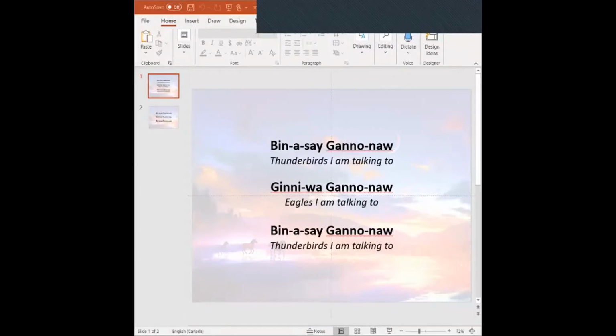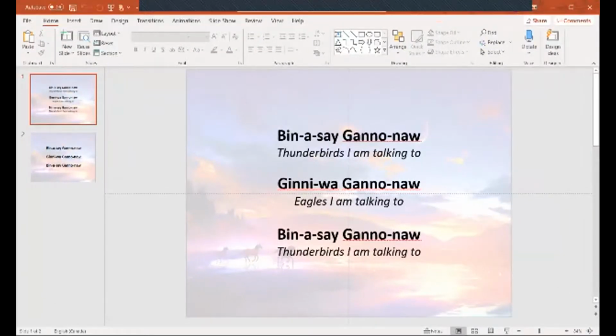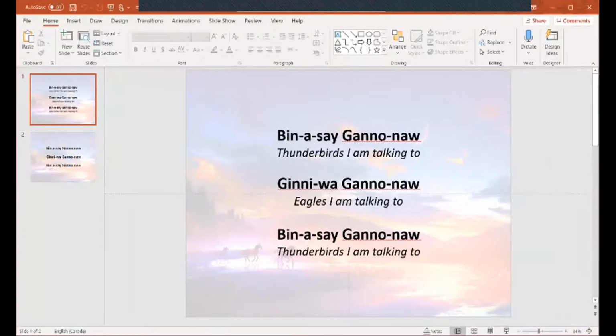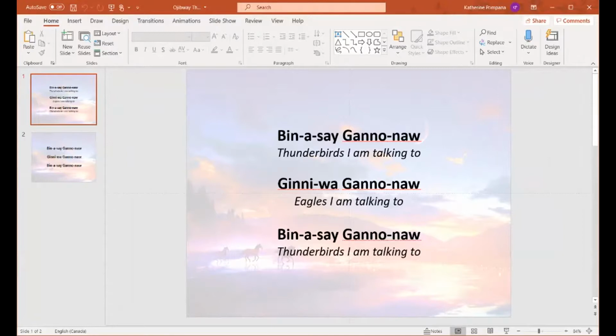There we go. Okay, so this is a Thunderbird song, and so the translation for Thunderbird and an eagle or like a large hawk are all sort of the same word, but more specifically, these words are broken down a little bit more specifically.